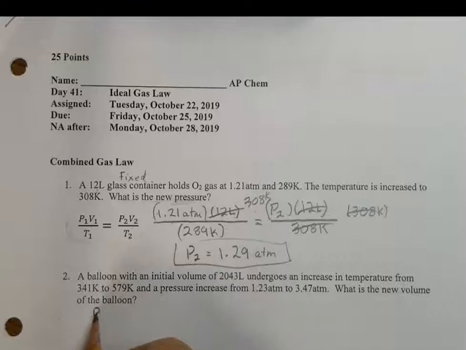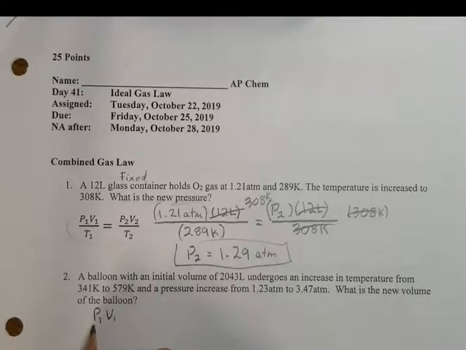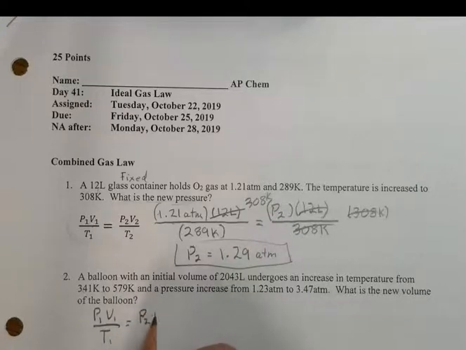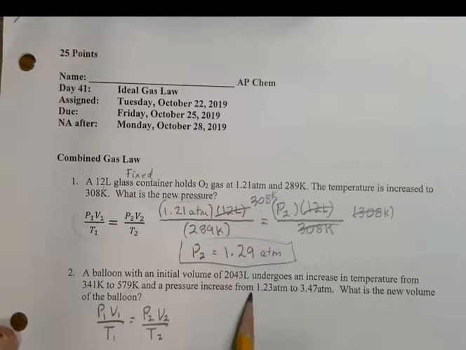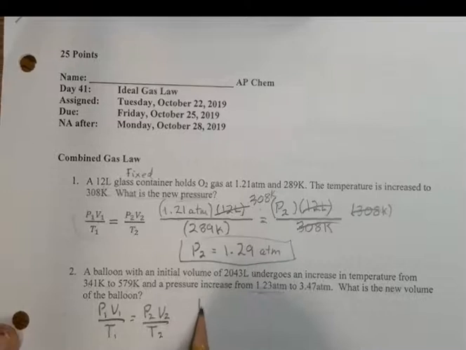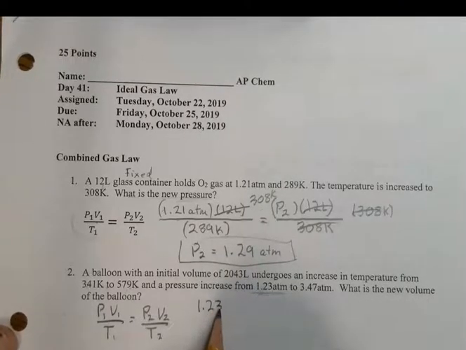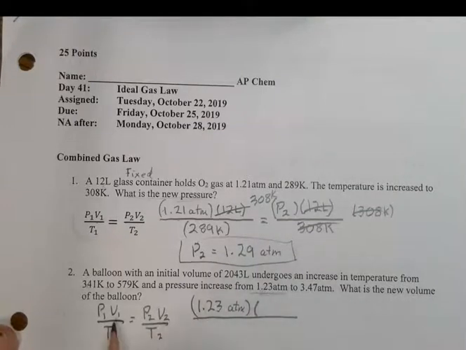So it's going to be P1, V1 over T1 equals P2, V2 over T2. All right, so let's plug in some numbers. The initial pressure is 1.23 atmospheres. The initial volume, V1, is right up here, 2043 liters.